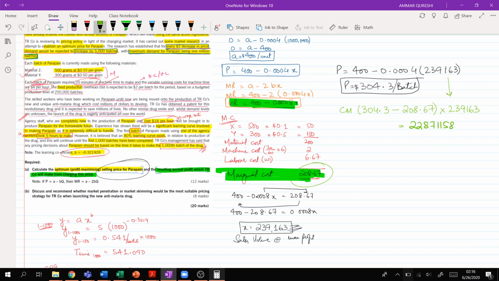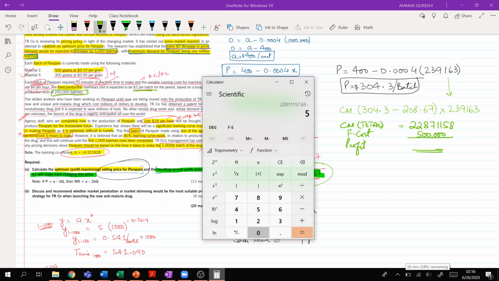And what is the fixed cost? Fixed cost is expected to be $2 per batch for the period based on the budgeted production level of 250,000 batches, right? So it's going to be around 500,000, because 2 per batch multiplied by 250,000. So this is total contribution, and this will give you profit, right?